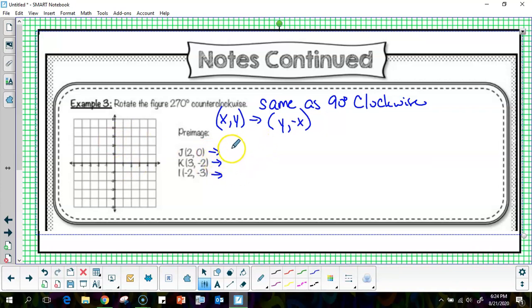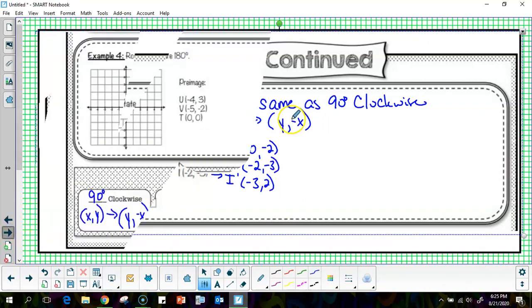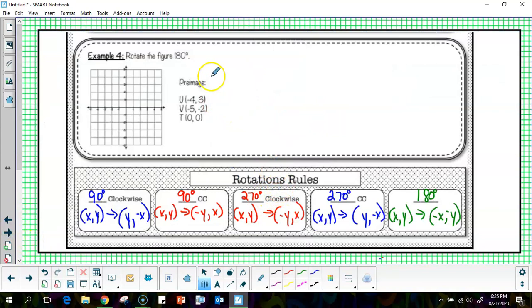I'd just like to, in the interest of time, speed this up a little bit. So I'm going to switch these around and the second number is going to become its opposite. So (0, negative 2), (negative 2, negative 3), and (negative 3, 2). All right. Okay, again, this one says rotate it 180 degrees.